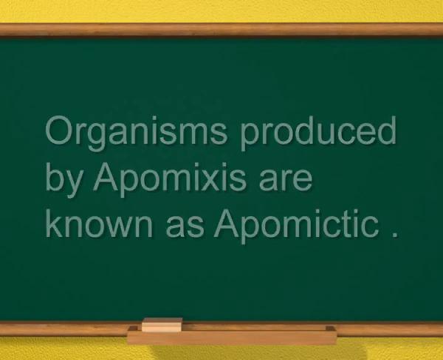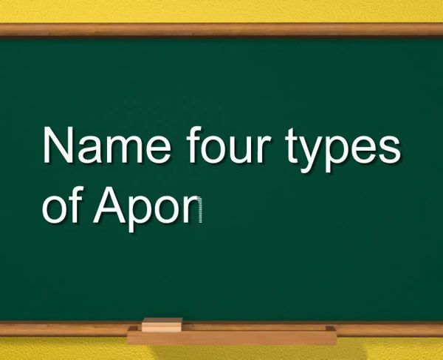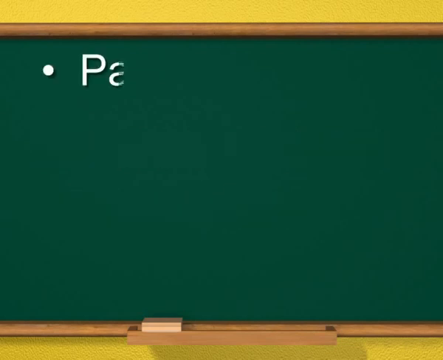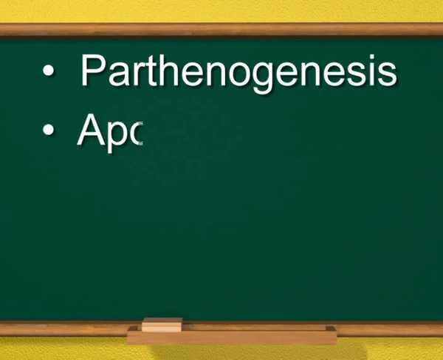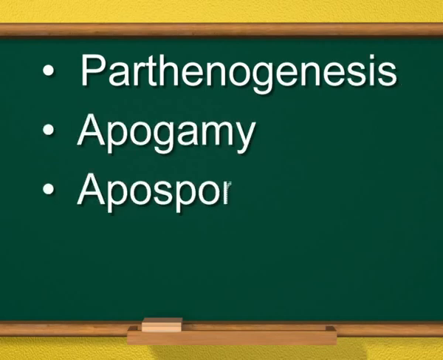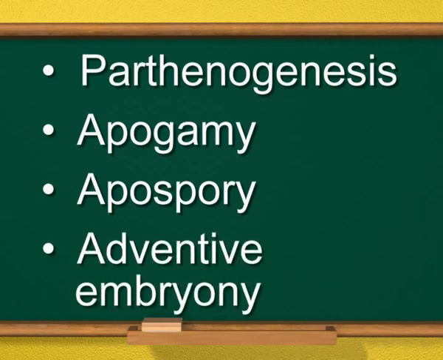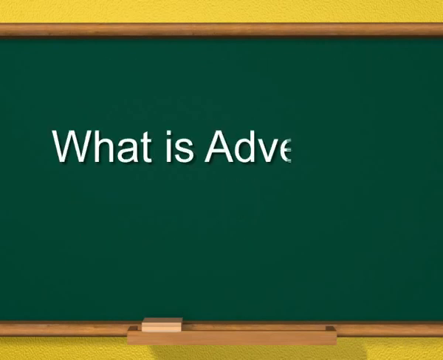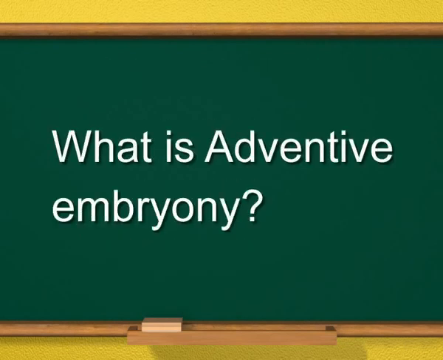My next question is, name 4 types of Apomixis. And the answer is Parthenogenesis, apogamy, apospory and Adventive embryony. Next question, what is Adventive embryony?